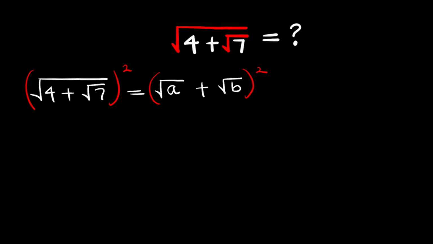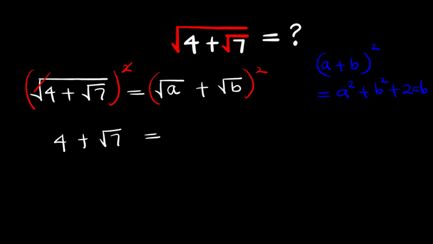like this. On squaring both sides, this takes care of this, and I'm left with 4 plus root 7 is equal to, now let's carefully expand the right hand side. When you expand a plus b squared, usually this will give you a squared plus b squared, then plus 2ab.